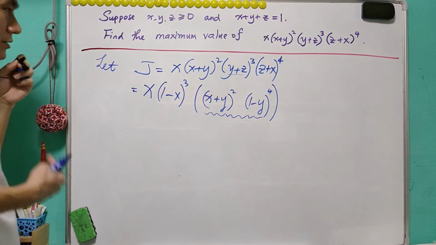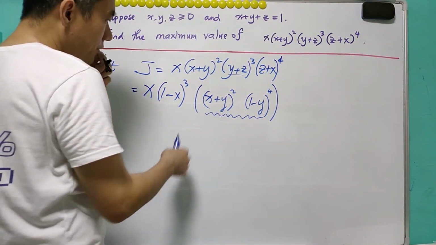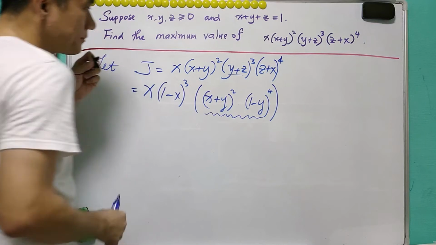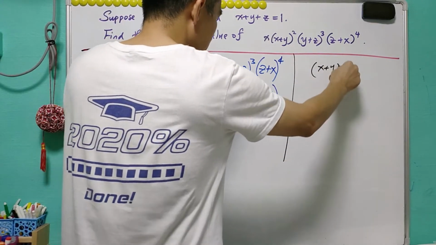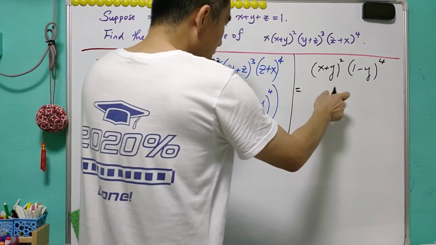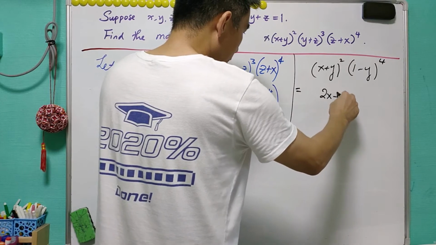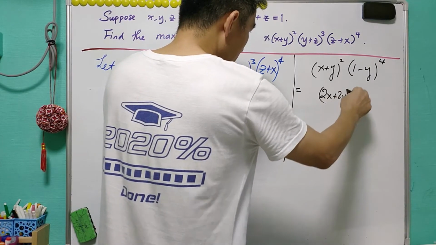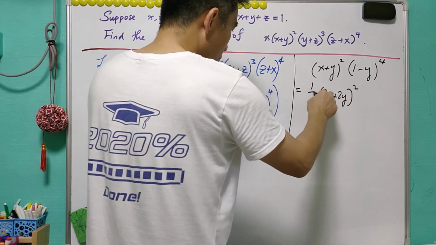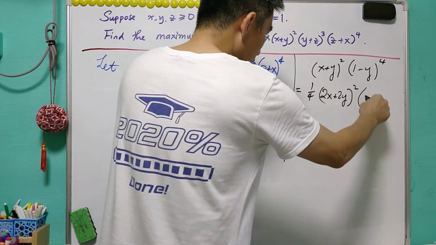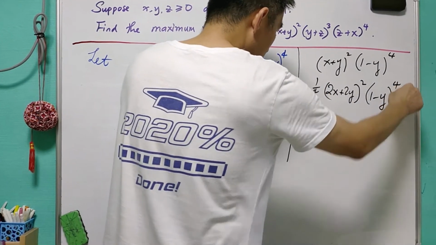In order to get the maximum value for this expression, we have to get rid of the y. It can be written as 2 of x plus 2 of y squared, but with 1 over 4, and 1 minus y to the power of 4.